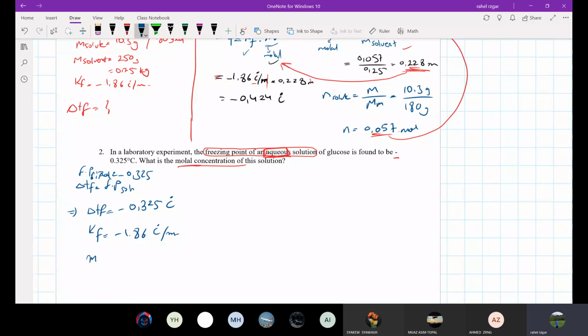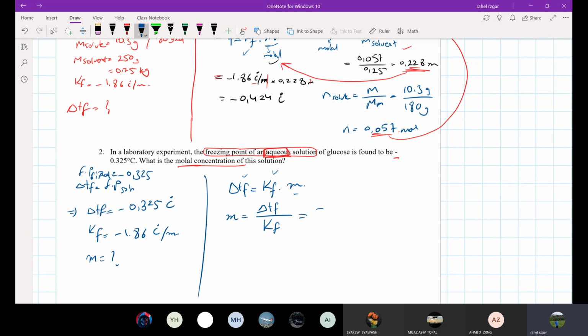Now it says find molality. Let's see what is the relation between these three. We have this one: delta TF is equal to KF times molality. We know KF and we know delta TF, so we can just find molality. Molality is equal to delta TF over KF.